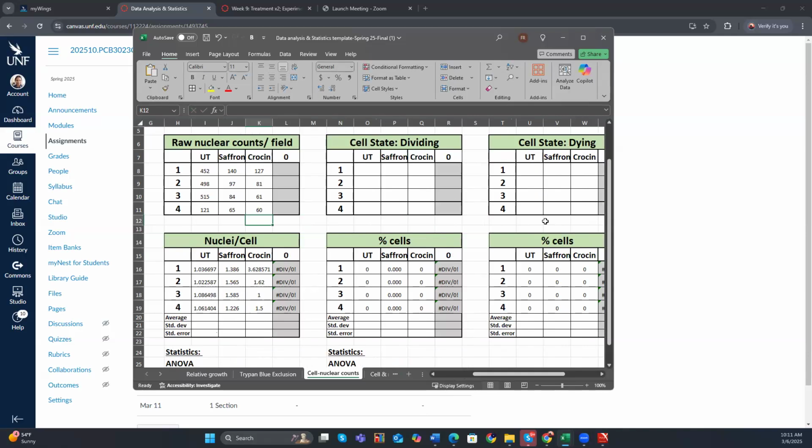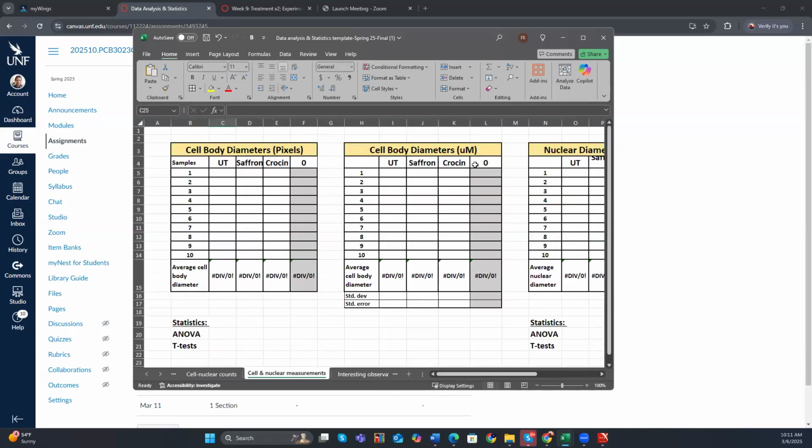And then you put in the dividing and all that. For your cell measurements, I would like you to not put the information that you have in micrometers, but only the raw pixel values that you got from your results, okay? So you only need to put those in for cell body diameters and nuclear diameters.